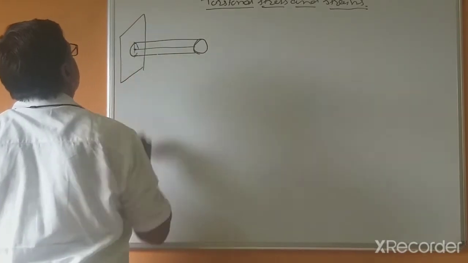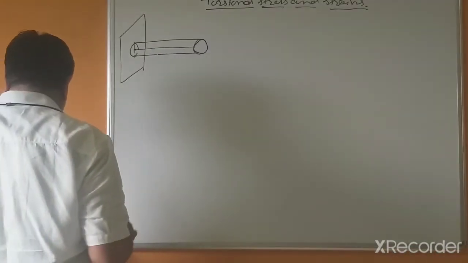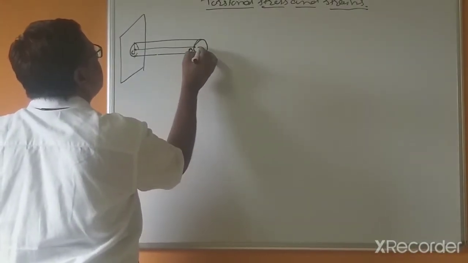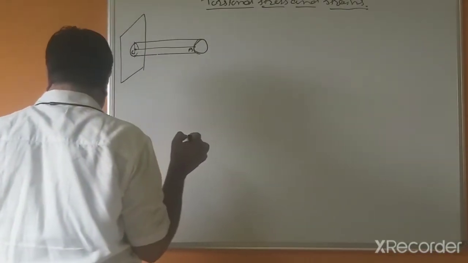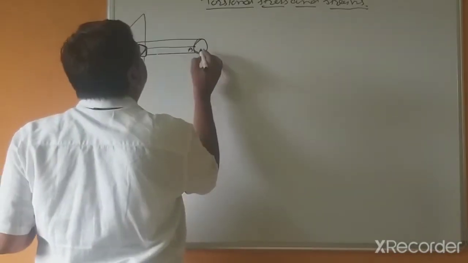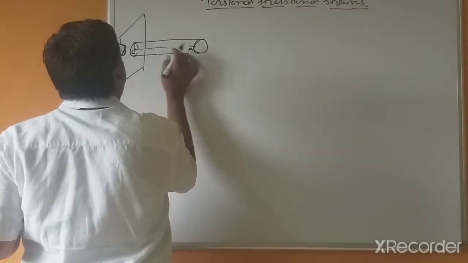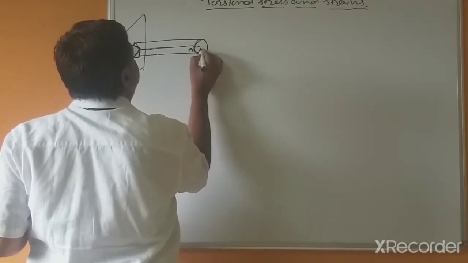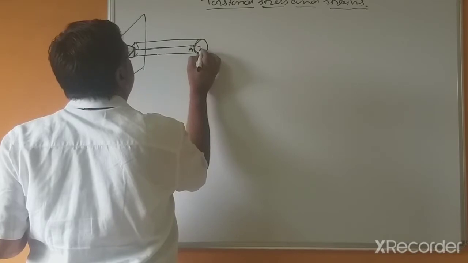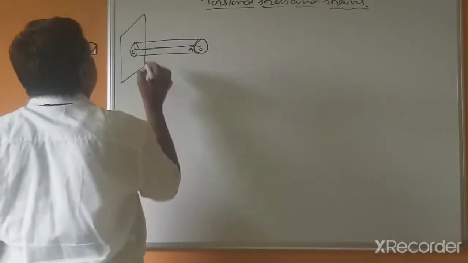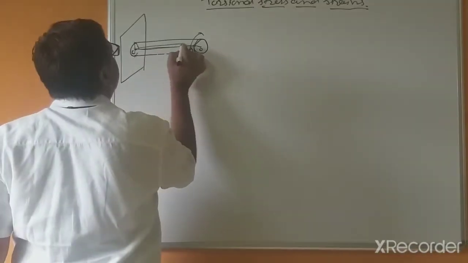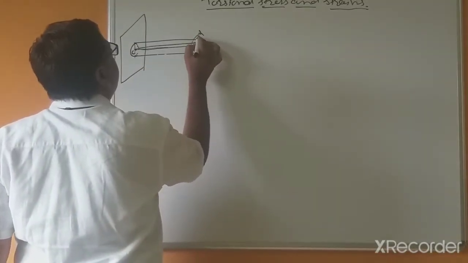This is point C and this is point A, and here this point is O. Now suppose due to the application of the torque, this is twisted and this is A dash.